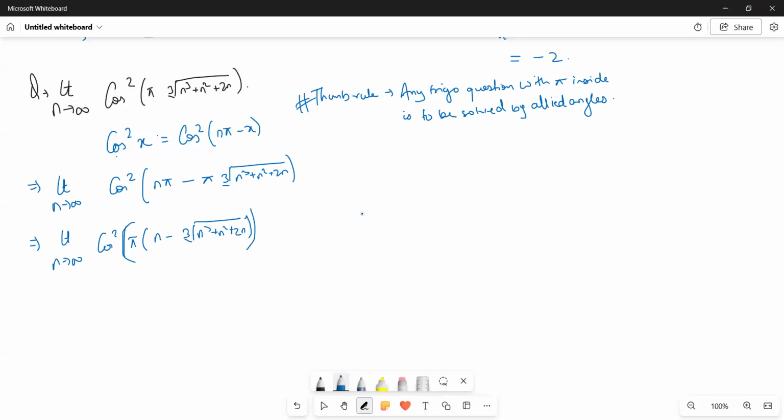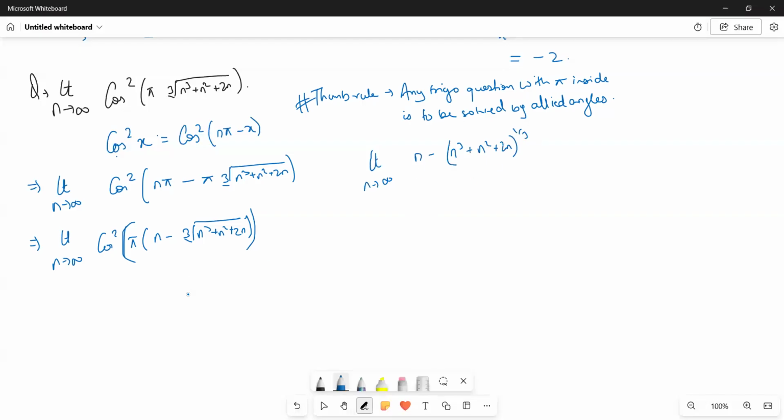So we can just solve the related part. This can be modified to limit n tending to infinity n minus n cube plus n square plus 2n whole to the power 1/3.